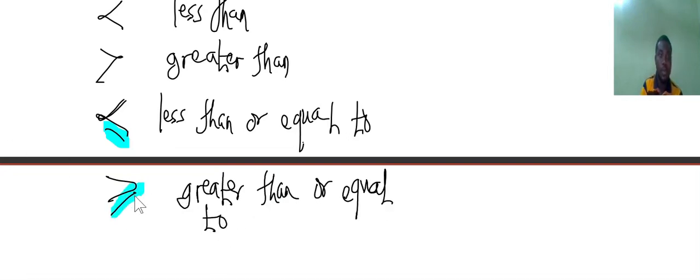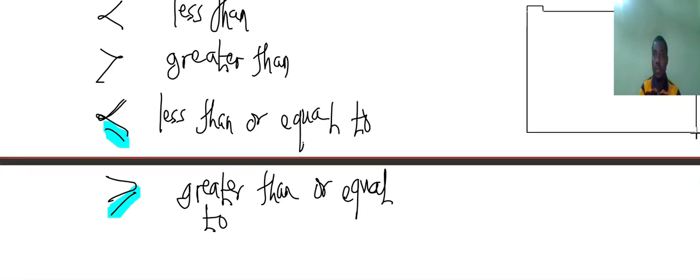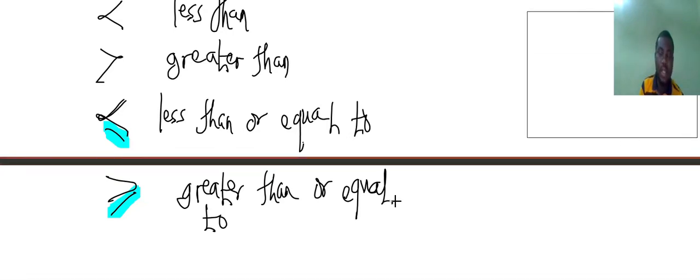So there we have the idea of the notations in inequalities.